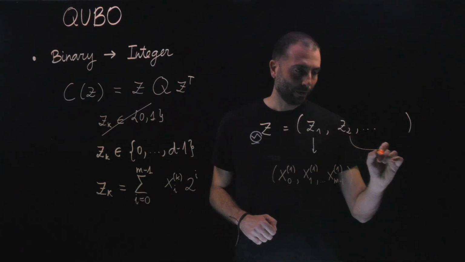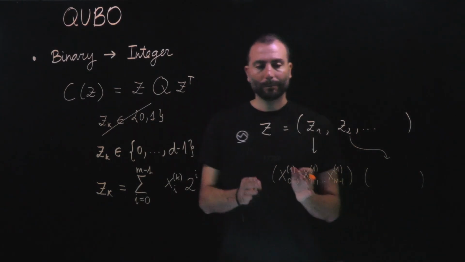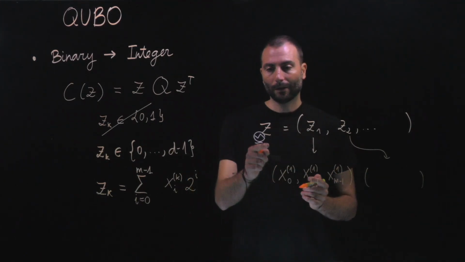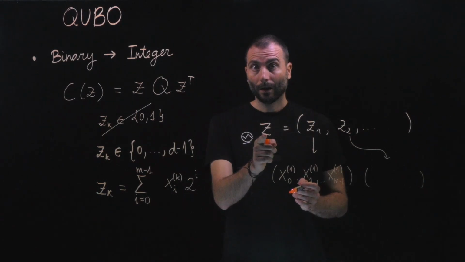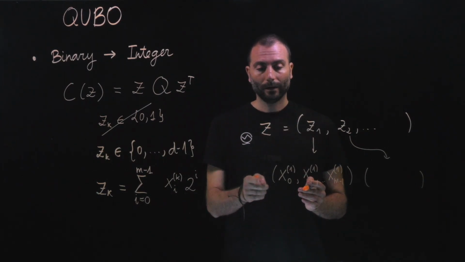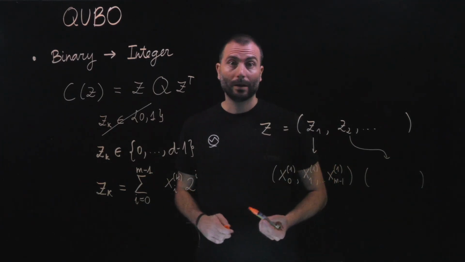And the same will be done with z2 and so on. So basically, what we have done is change a string of integer elements of z into a bit string whose length is n times larger.